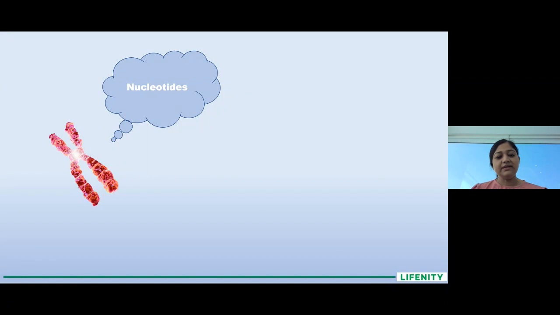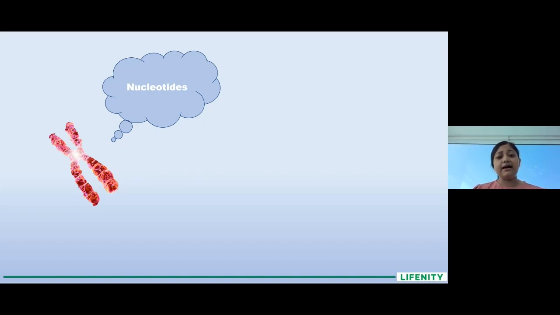But the genetic information stored in these 23 chromosomes is very tightly packed. This is the chromosome picture. It is not the exact one, but this is how it looks. The chromosome is in the form of tightly coiled DNA with histone protein, and we see this kind of shape under a microscope.